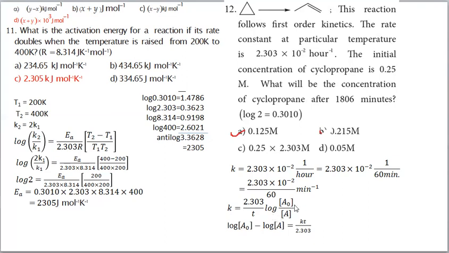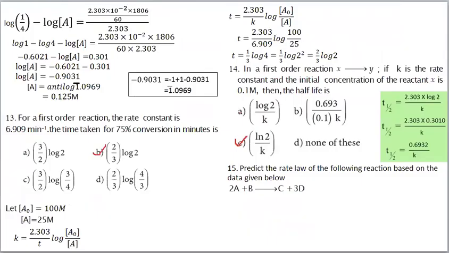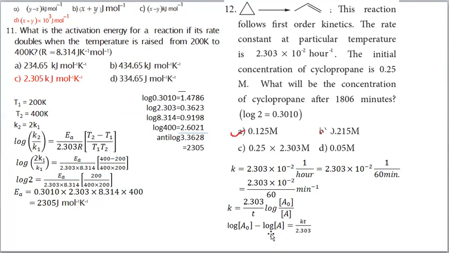Then log A0 by A we can split into two terms: log A0 minus log A, since log M by N is equal to log M minus log N, equal to KT by 2.303. Now we can substitute the values. A0 is 0.25, which means 1 by 4.